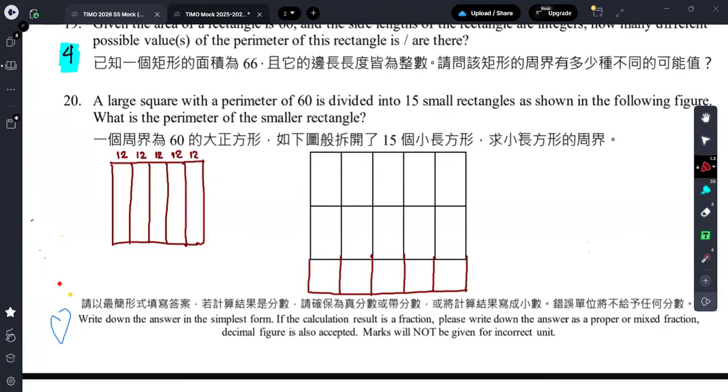Now, if we divide this by 3, that means 60 divided by 3, that is 20. It's perimeter. I'm not done yet. What is the perimeter of the smaller rectangle?